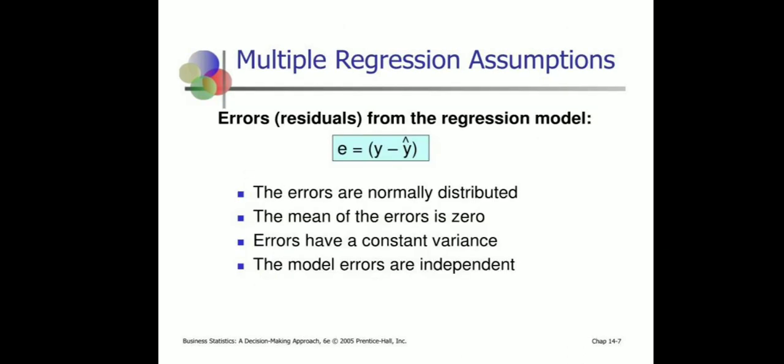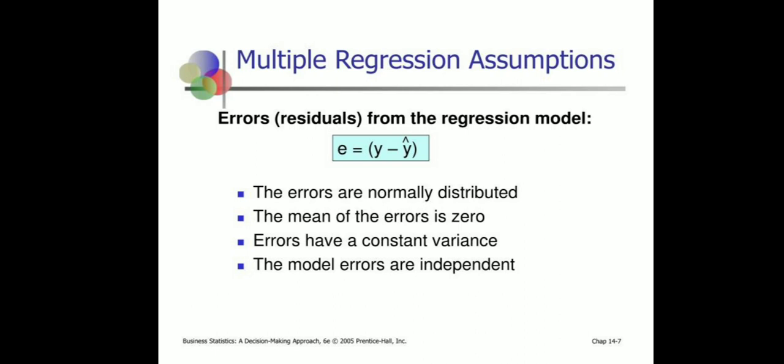Next are the assumptions regarding the multiple regression equation. The errors are normally distributed, with a mean of 0 and constant variance. The errors have constant variance, and the mean of the errors is 0. The model errors are independent.